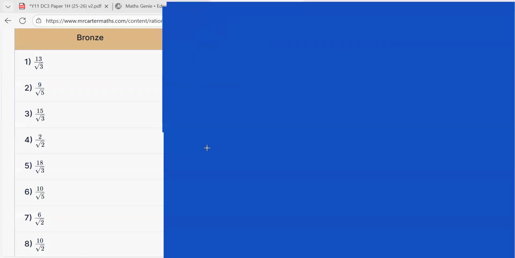Now, how do we rationalize the denominator? What it's telling us, with 13 over root 3, is to get rid of the square root. So all we do is multiply top and bottom by the same surd.